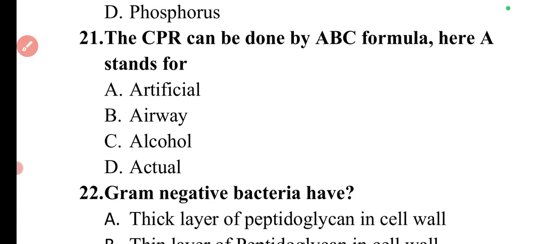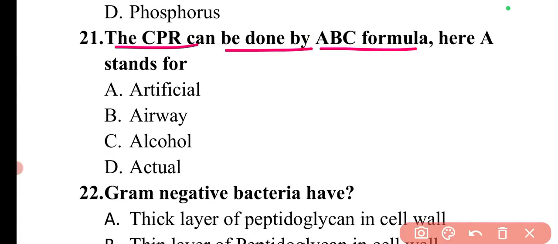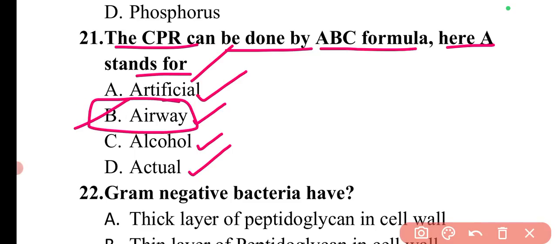Next question is, the CPR can be done by ABC formula. Here A stands for. Options are artificial, airway, alcohol, or actual. And the correct answer is option number B, airway.